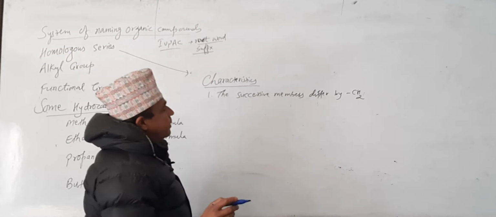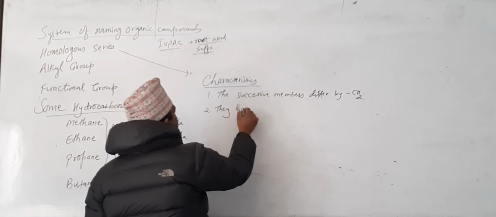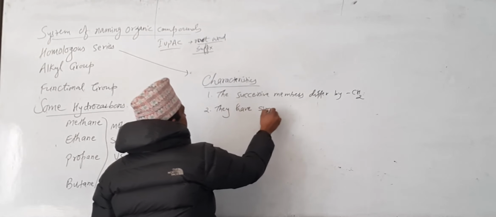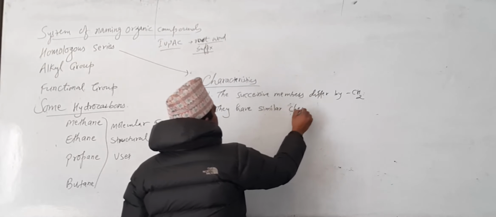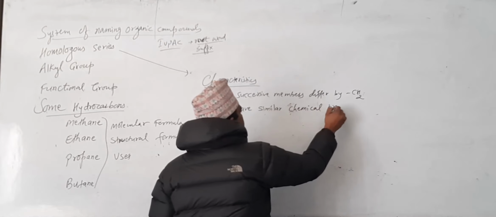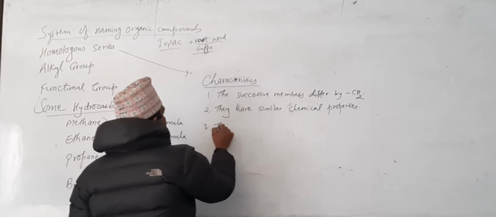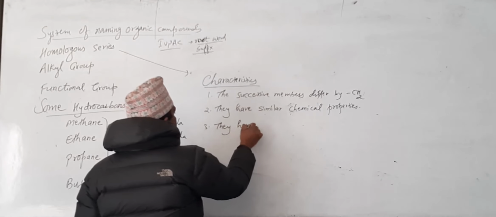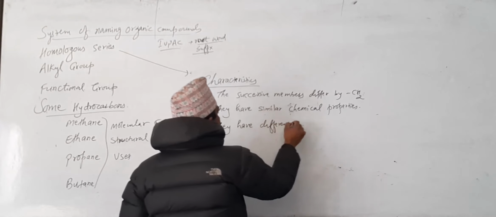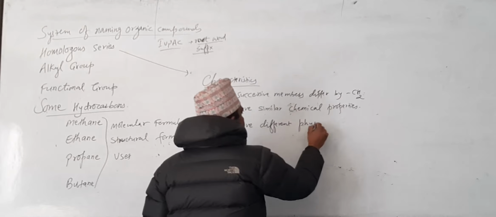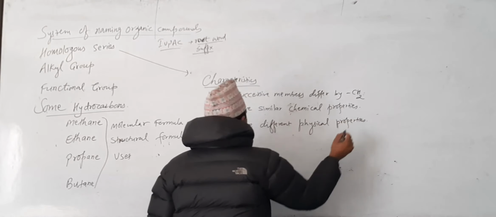Number 2, they have similar chemical properties. Number 3, they have different physical properties. Physical properties are different, chemical properties are similar.